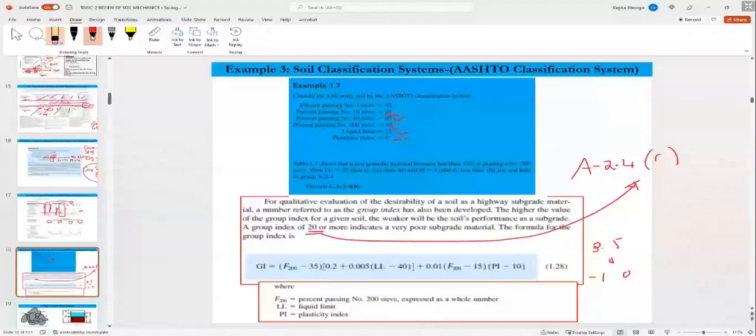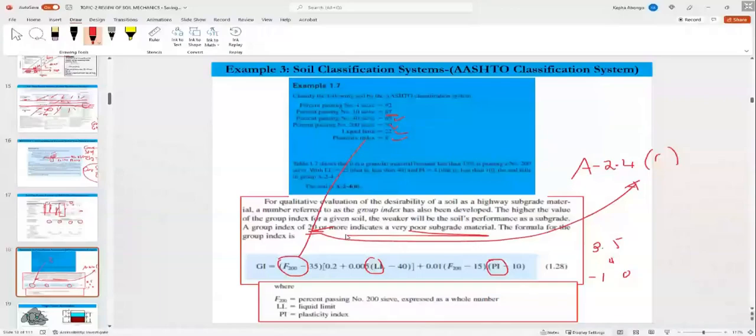Here, we have percentage passing sieve number 200, liquid limit, and plastic limit. I told you that a group index of 20 or more is very poor subgrade material. So you want to improve this material.